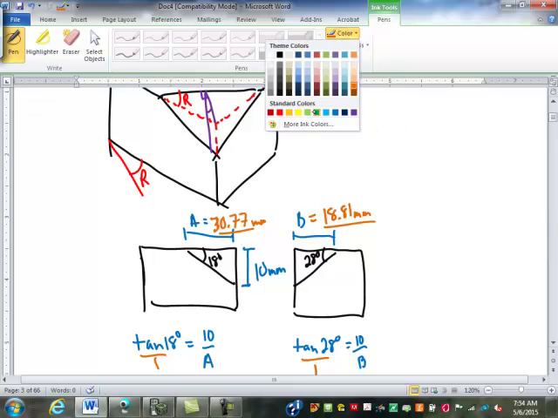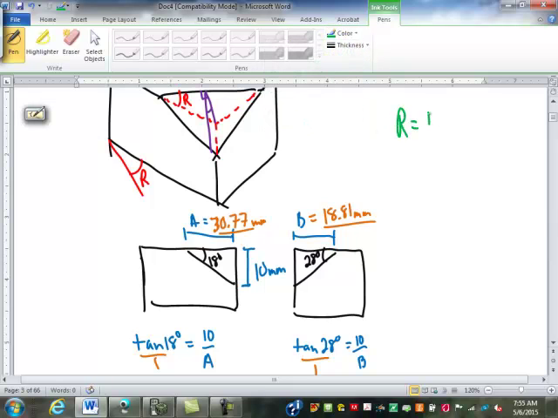R is found by, perfect, inverse tangent of 18.81 divided by 30.77, which gives us R is 31.43 degrees.